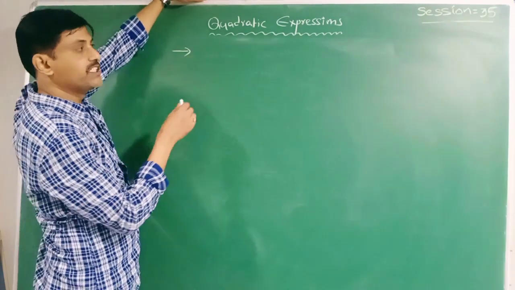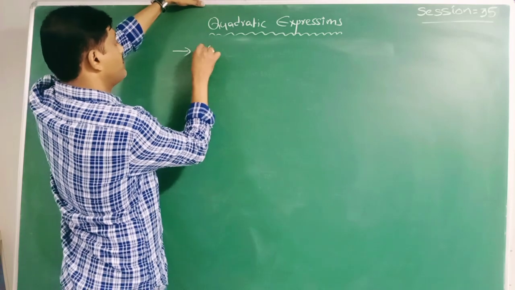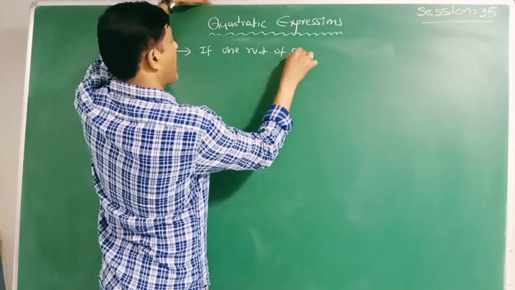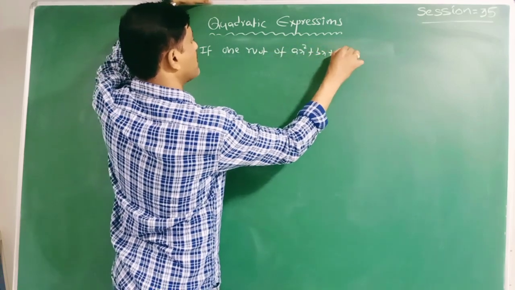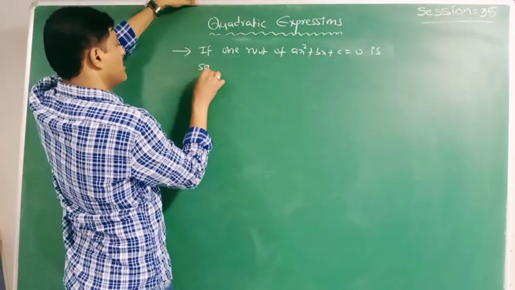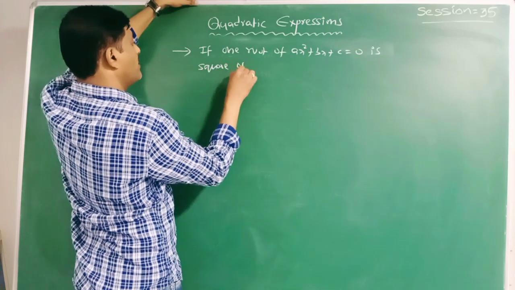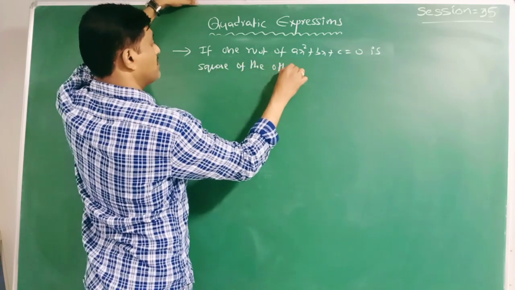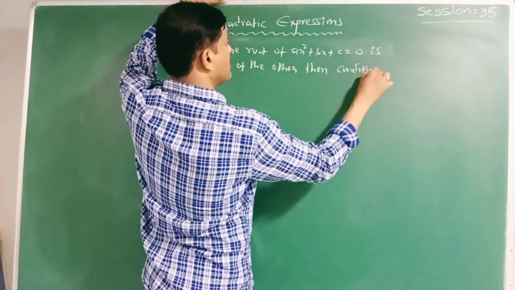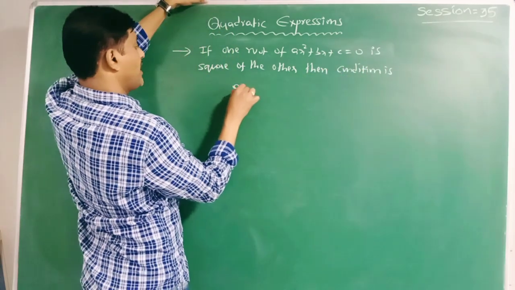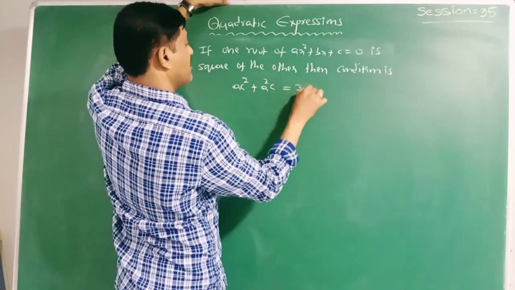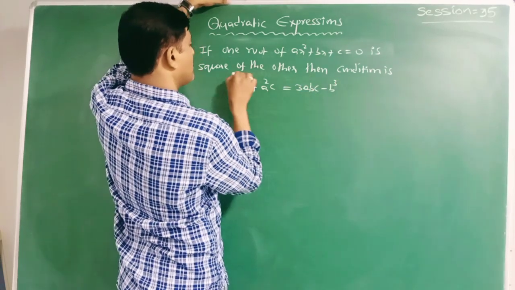One more condition: if one root of ax square plus bx plus c is equal to 0 is the square of the other, then the condition is ac square plus a square c is equal to 3abc minus b cube.